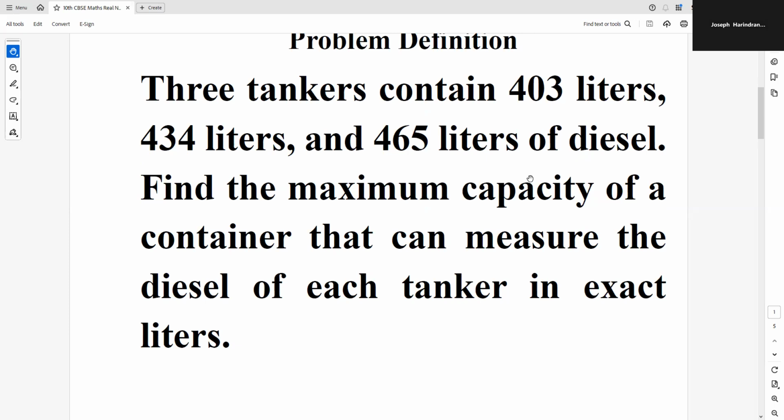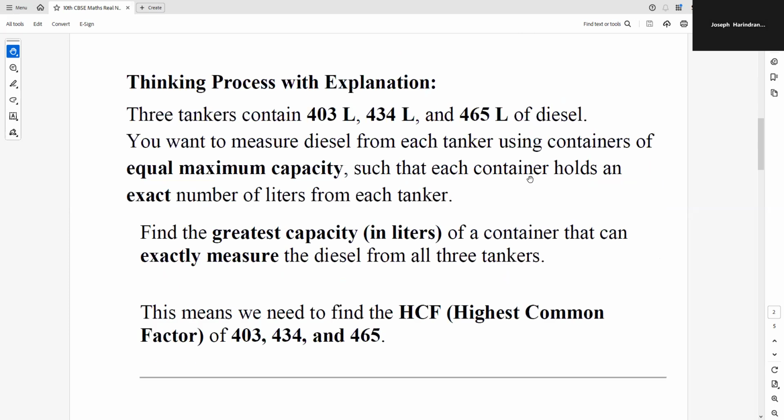Before that, we'll just see the thinking process with the explanation. 3 tankers. If you want to measure diesel from each tanker using containers of equal maximum capacity, such that each container holds an exact number of liters from each tanker.